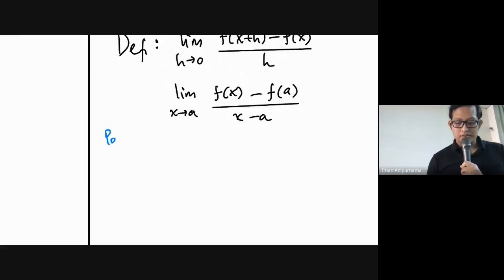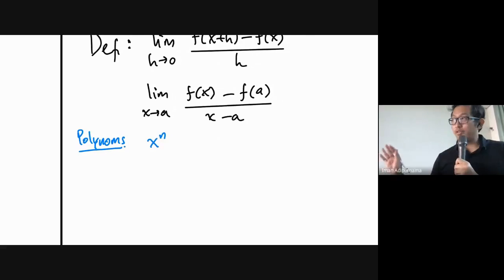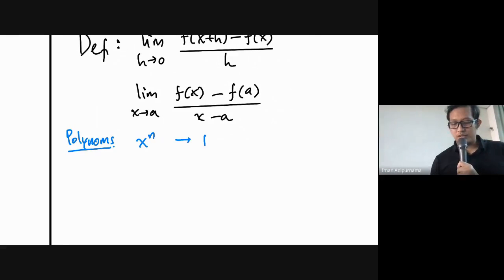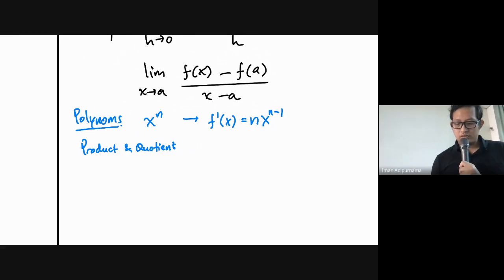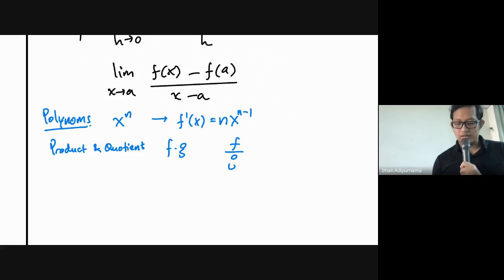We have the polynomials, starting from x to the power n, and we have also proven the derivative to be n x to the n minus 1. And we have product and quotient rules, so f g and f over g.